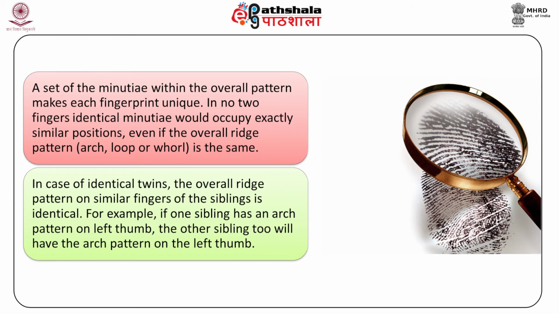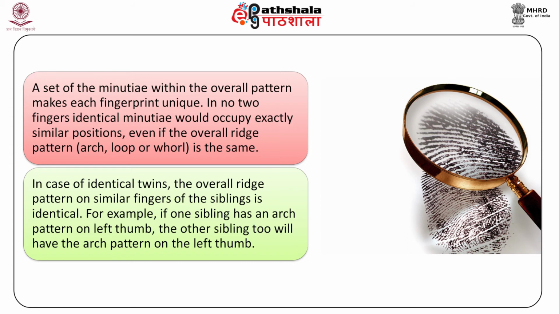In no two fingers could identical minutiae occupy exactly similar positions, even if the overall ridge pattern, that is, arc, loop, or whorl, is the same. In the case of identical twins, the overall ridge pattern on similar fingers of the siblings is identical.